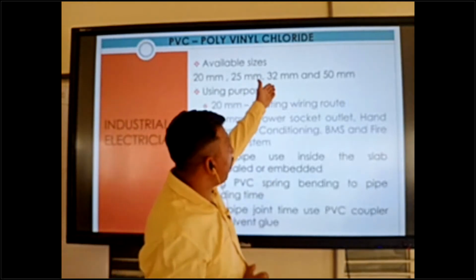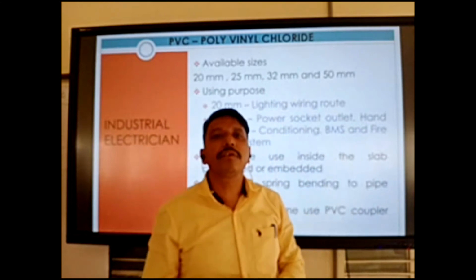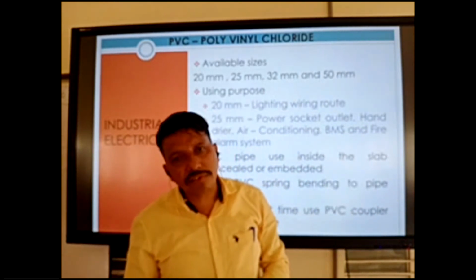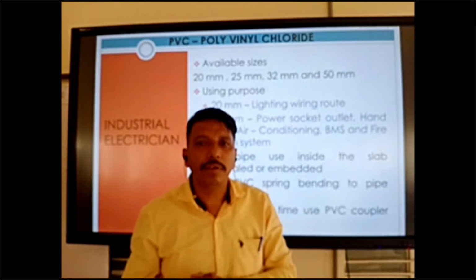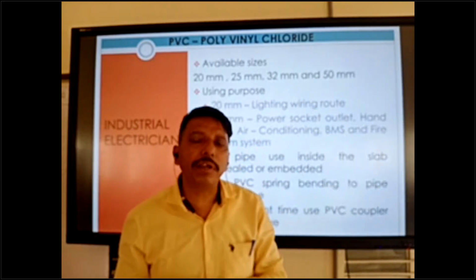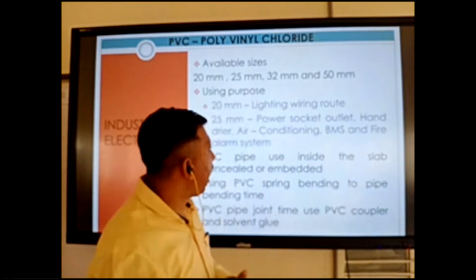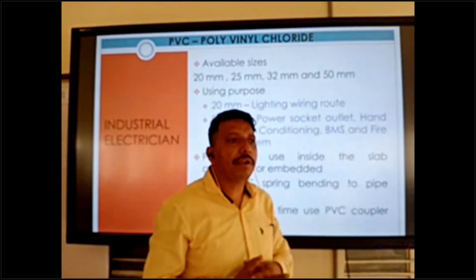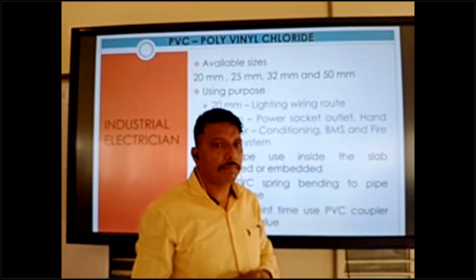We can use 32 and 50 mm conduit for the control section. Cat 6 and cat 5 control cables are also available, so according to your requirement, we can use 32 and 50 mm.